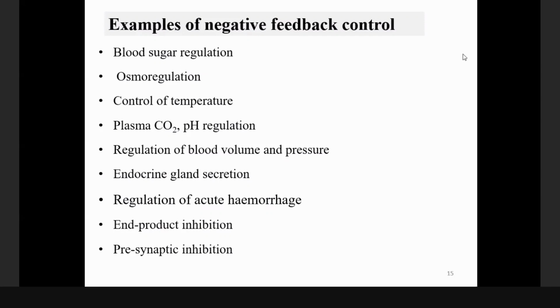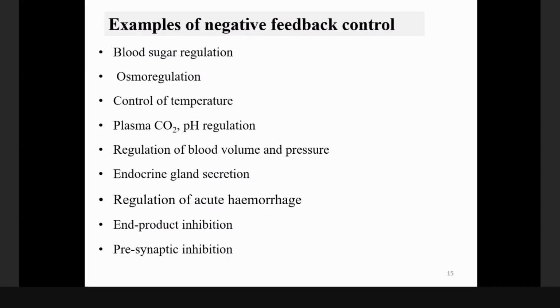The blood sugar level is the first. Osmoregulation is the other. The control of body temperature is another parameter in the body regulated by the negative feedback homeostasis control system. The blood carbon dioxide and pH regulation, regulation of blood volume and pressure, endocrine gland secretion, regulation of acute hemorrhage, end product inhibition, and synaptic inhibition.